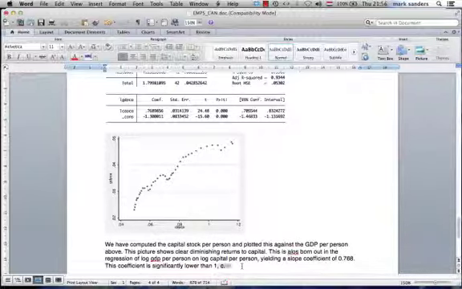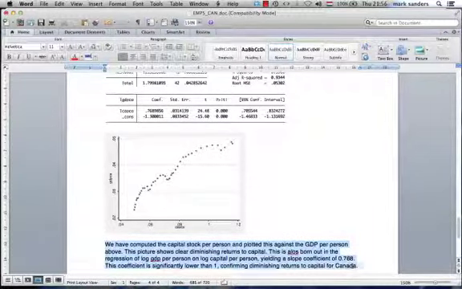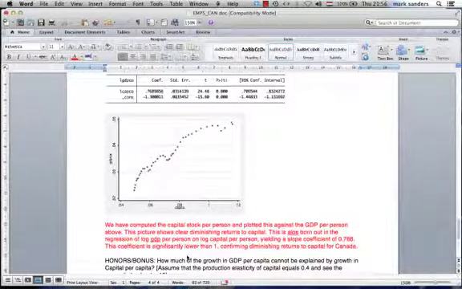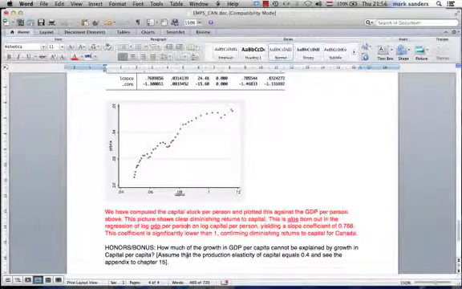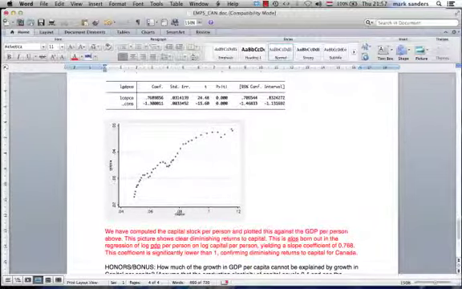Confirming diminishing returns to capital for Canada. I mean, this is for Canada. I'm not sure what your results will be for your country. It's very possible that you might find a rather straight line instead of a curved line, and you might find that it's not significantly different from 1, or might even be above 1.